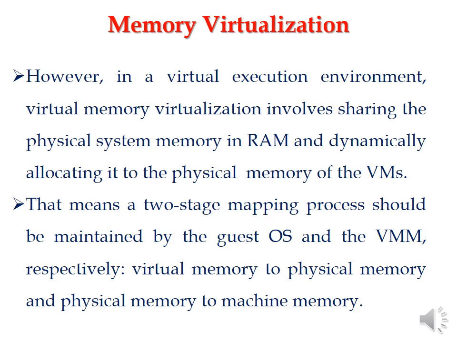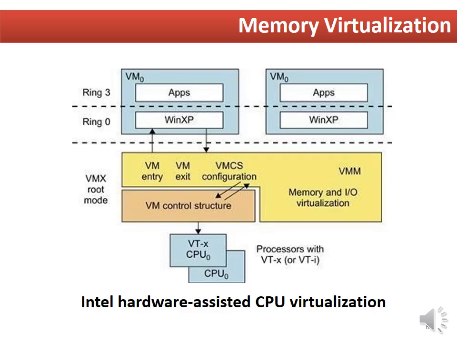However, in a virtual execution environment, virtual memory virtualization involves sharing the physical system memory in RAM and dynamically allocating it to the physical memory of the virtual machine. So it is a mapping between two physical memories. That means a two-stage mapping process should be maintained by the guest OS and the VMM or hypervisor respectively: virtual memory to physical memory, and physical memory to machine memory.